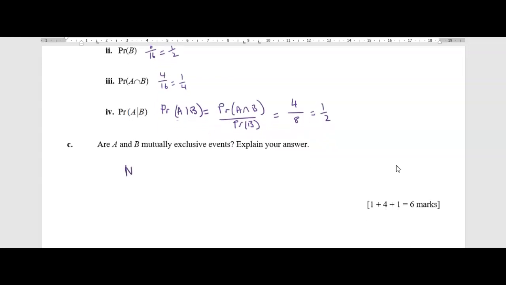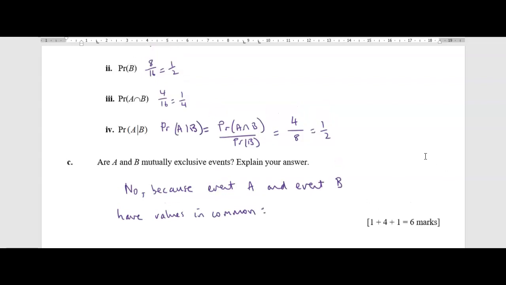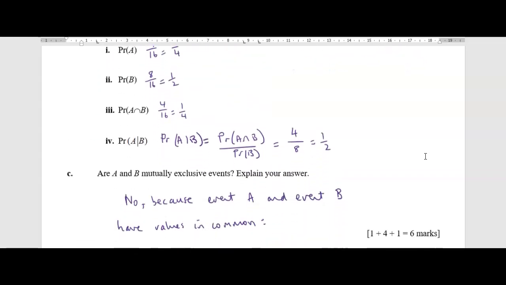So no. Because event A and event B have values in common. And you can state what they are if you want. What were they? 5, 7, 11, and 13.